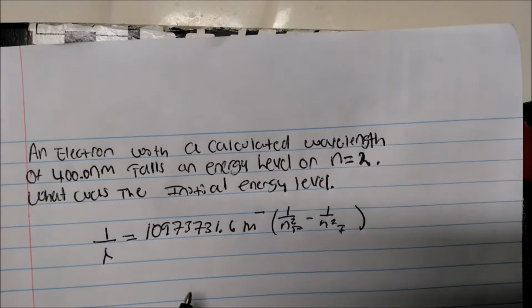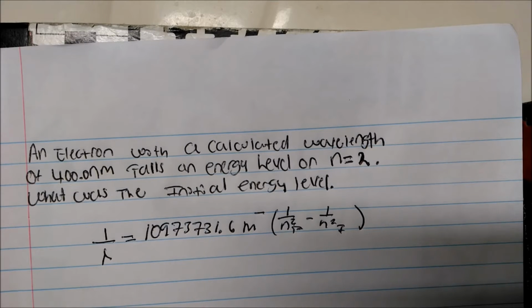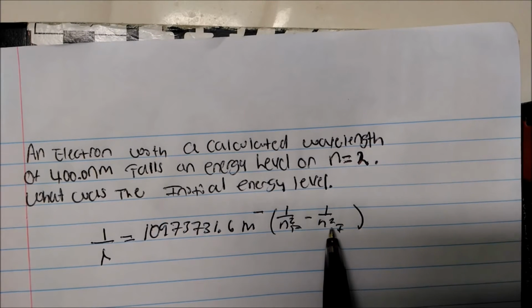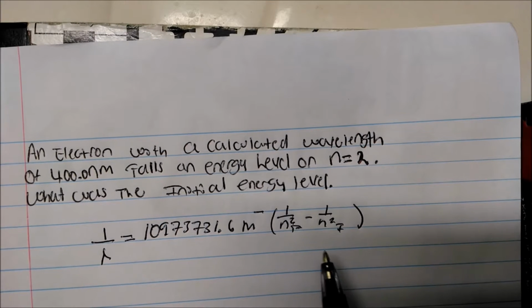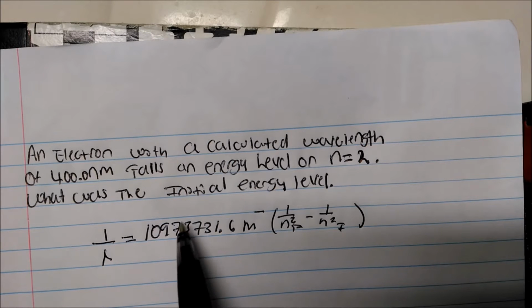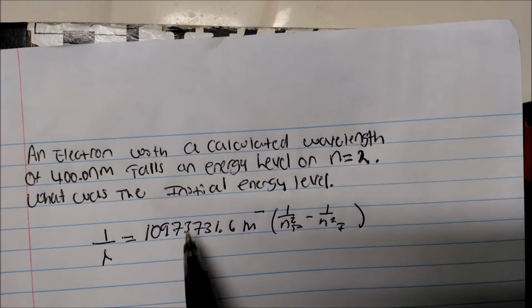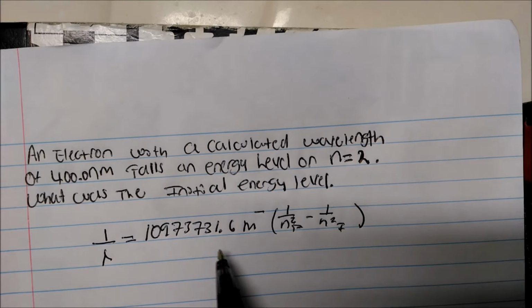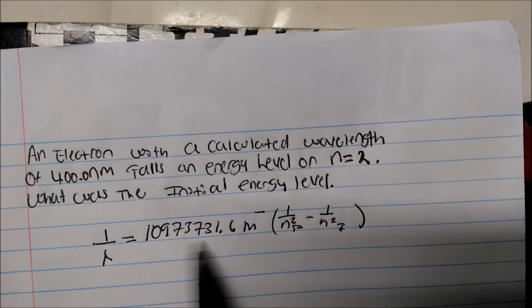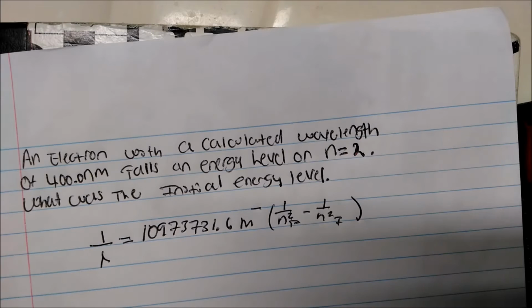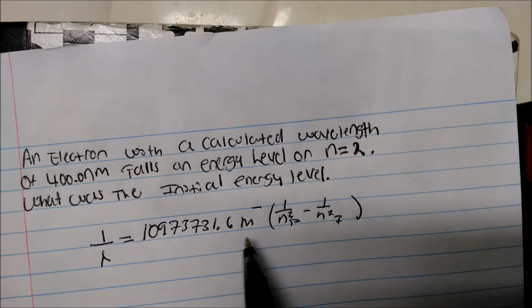In this question, they're just asking us to solve for the initial energy level, which is the one on the right here. By the way, this number could be made much simpler, which is 1.097 times 10 to the 7th, but I just like to write a decimal. That's just me.